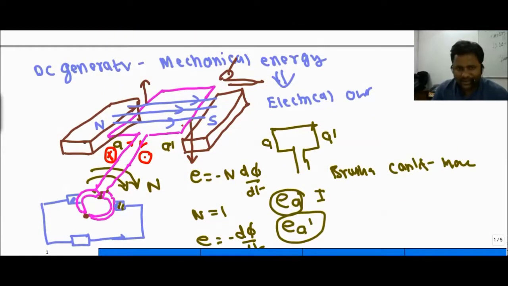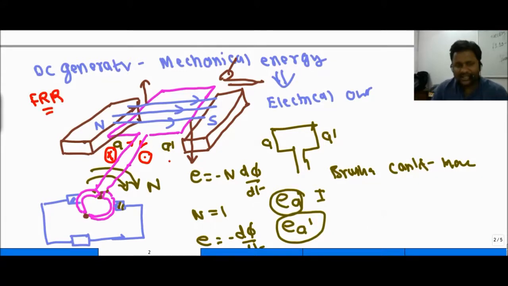So by using the FRR, we can easily determine the direction of the induced current in conductor A and conductor A dash. After half cycle, what will happen? Let us suppose this is segment X, this is Y.